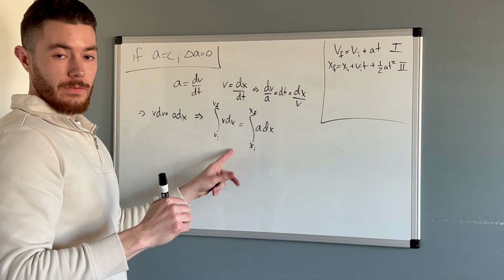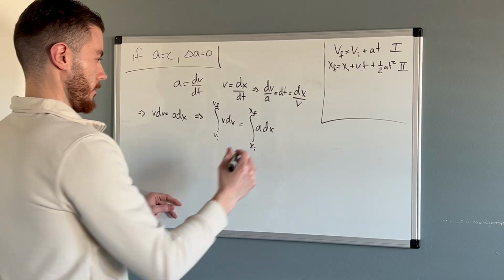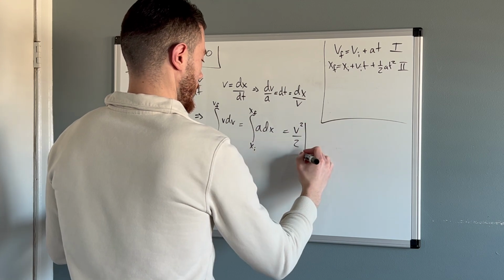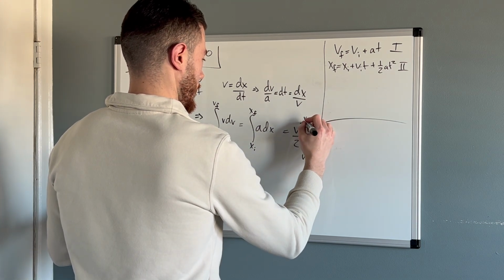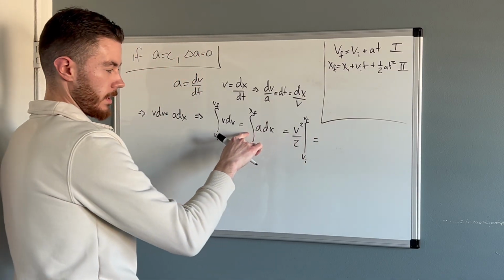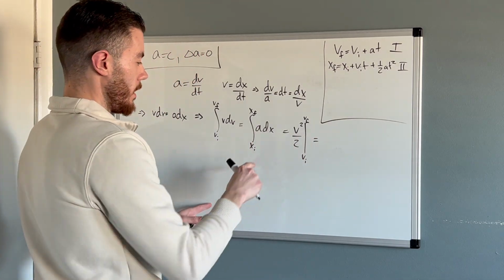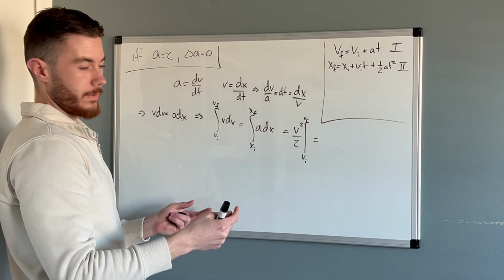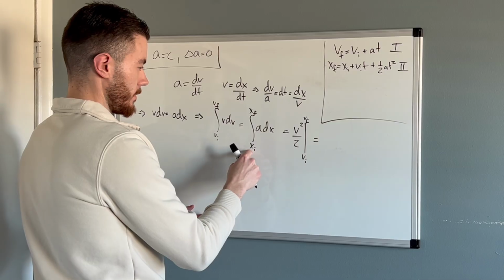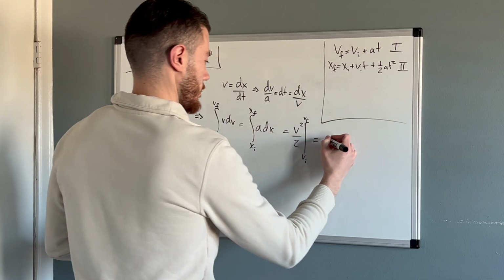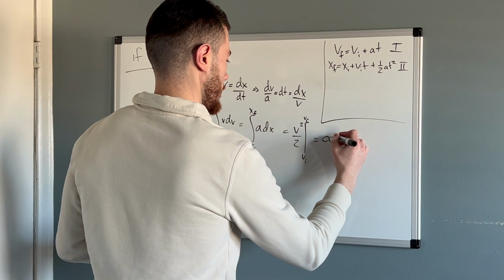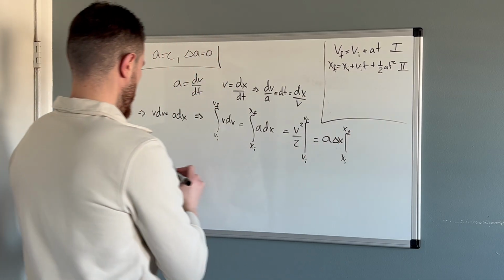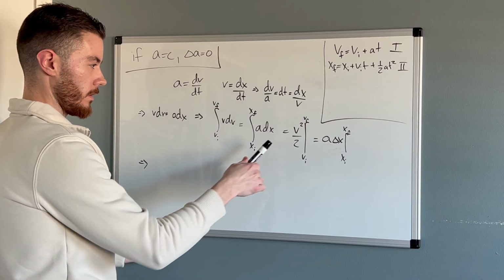The integral of v dv is nothing more than v squared over 2, evaluated from initial velocity to final velocity, and this is equal to a, which is a constant that comes out of the integral. The integral of dx is delta x, evaluated from the initial position to the final position, xi to xf.